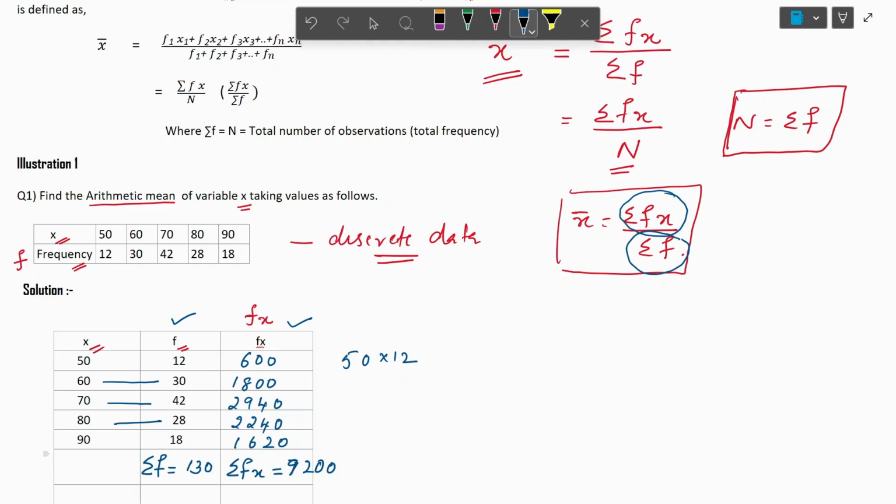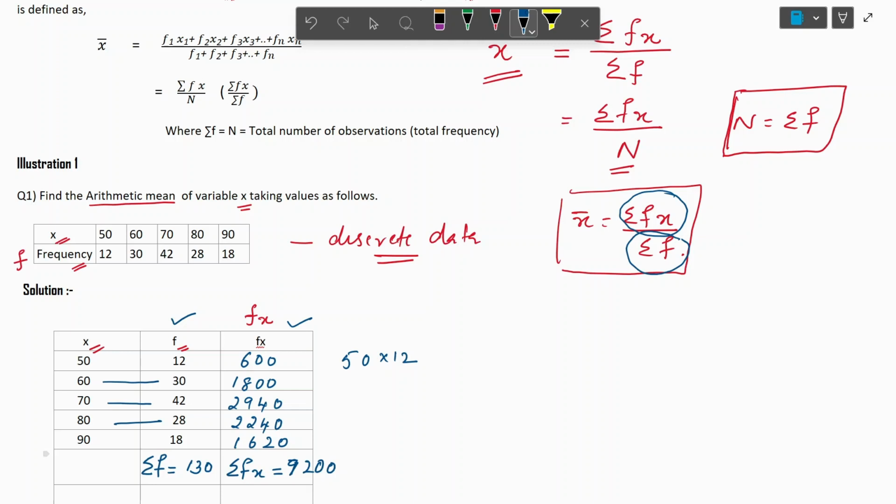Therefore, what is your first step for discrete data? Create a table with 3 columns. First column X, second column F, third column. What is your extra column? That is Fx. Because X and F are from the question only, just copy those values. Then you are going to calculate the Fx column. Fx means F multiplied with X. Corresponding F you multiply with corresponding X. Then you have completed that column.